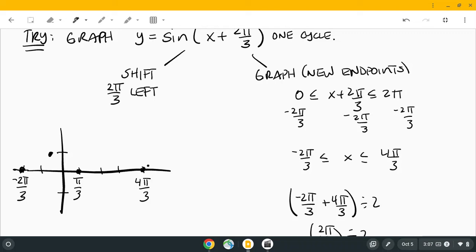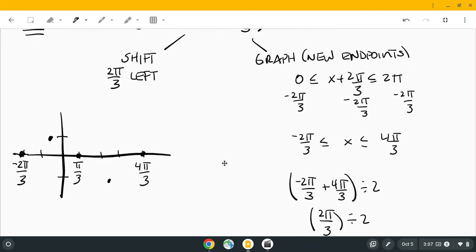Okay, so halfway between here and here is right there. And again, if you want to know this exact location on the x-axis, you could always add these together and divide by 2. Okay, and that would be 5 pi over 6. All right, but this is all you need. And that would be our graph.